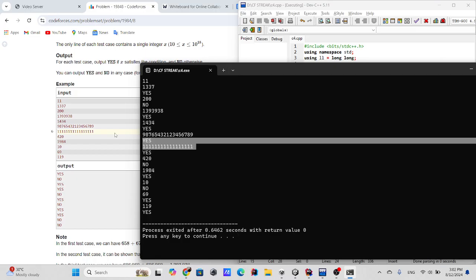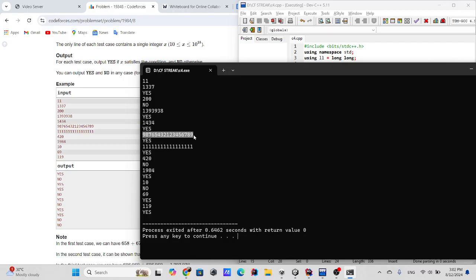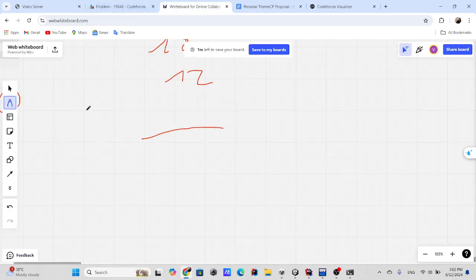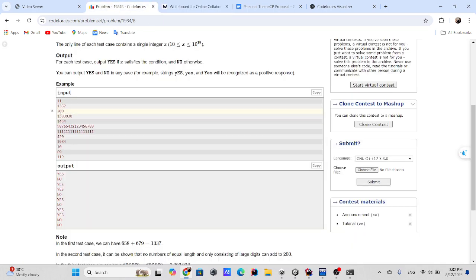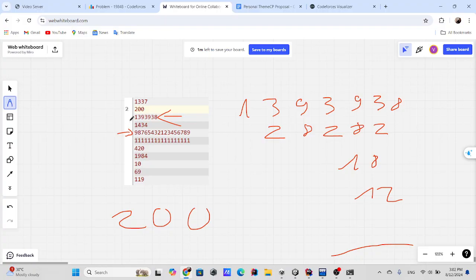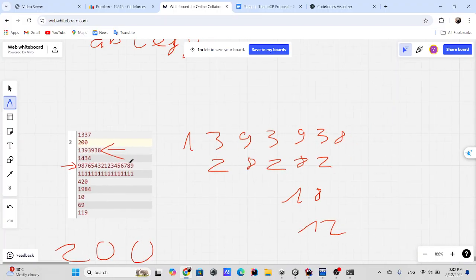The sixth test case is yes, right? But the fifth one is not. The fifth shouldn't be yes. We have already checked it. Have we? The third one is not correct. The second one is not correct. And the fifth one is also not correct. So why is it correct?